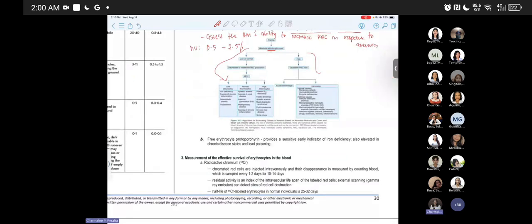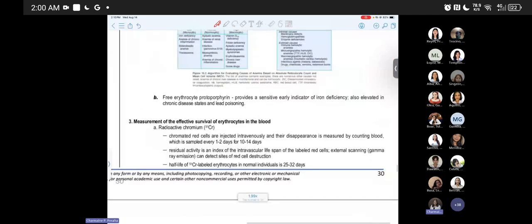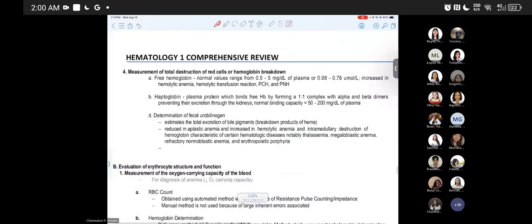Next, we have measurement of effective survival of erythrocytes in blood. So we have radioactive chromium. So chromated red cells are injected. Basta tatandaan nyo lang tong radioactive chromium. So ginagamit siya for effective survival of erythrocytes. Next, measurement of total destruction of red cells.